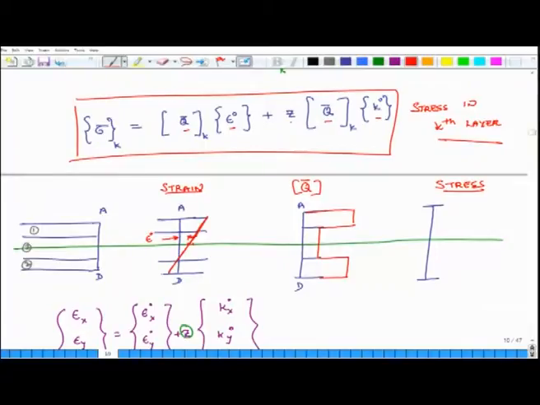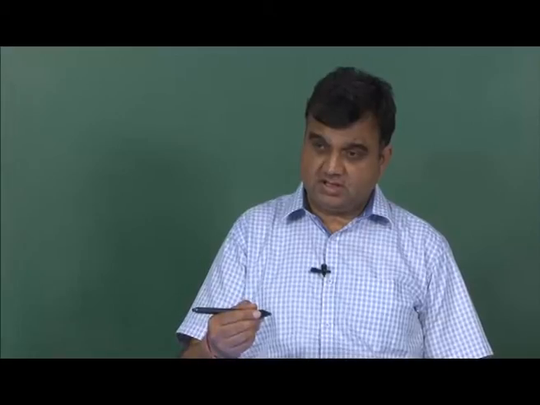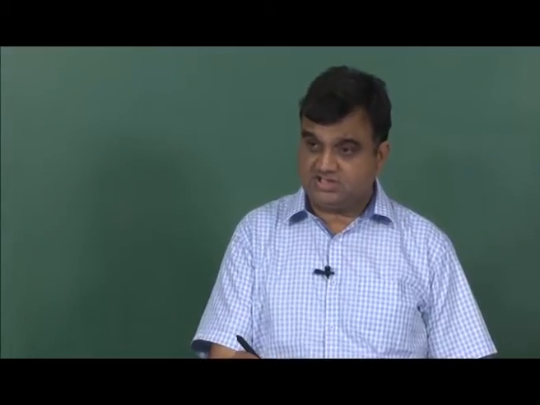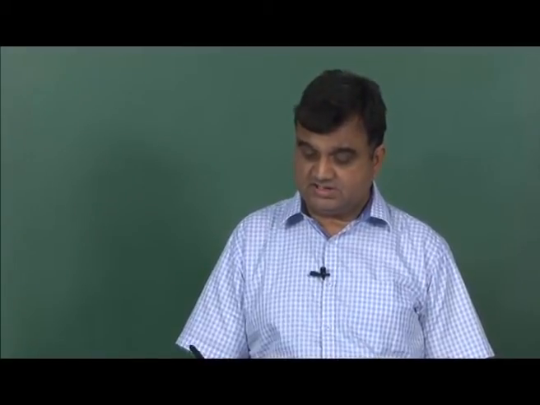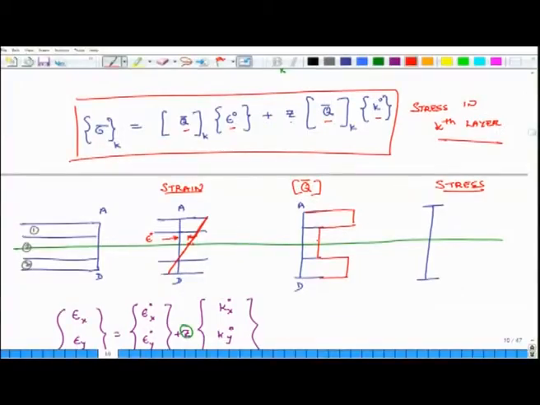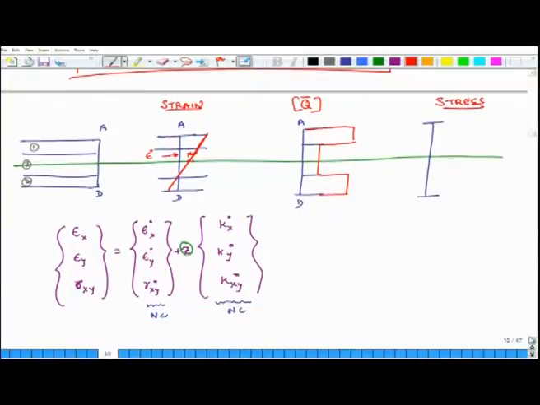So, within a layer stress changes linearly, but as you move from one layer to other layer Q bar changes abruptly because we have shown it here, and as a consequence stress jumps from one value to other value as you move from one layer to other layer. So, the stress distribution or the stress function along the thickness of the plate.